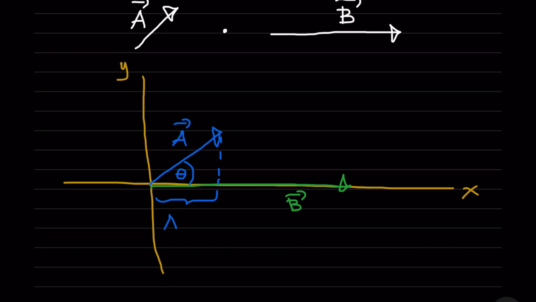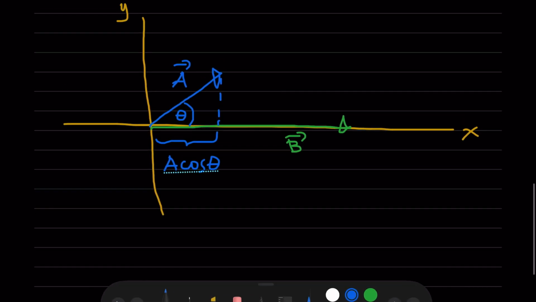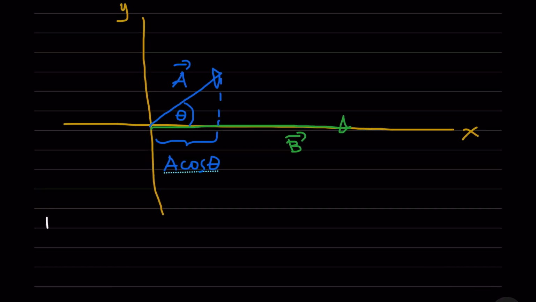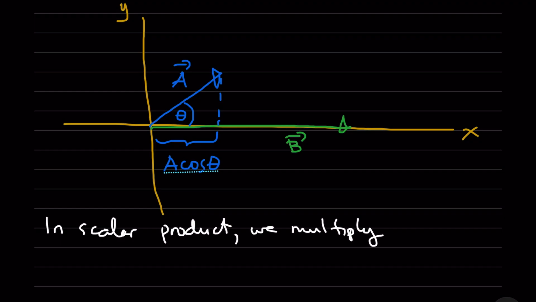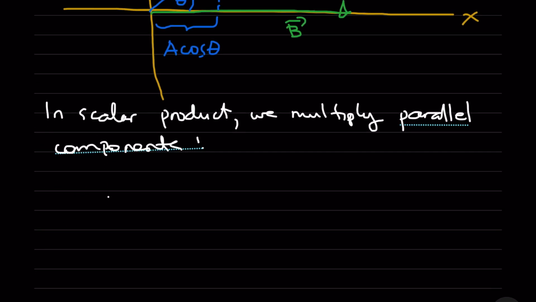So vector A has a component that can be projected in the direction of vector B. So this is the component that is parallel to vector B. In this case, this component is A times cosine theta. By definition, in a scalar product, we simply multiply the components of the vectors that are parallel to each other.